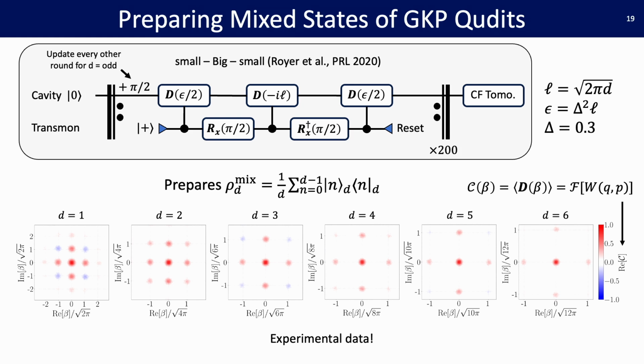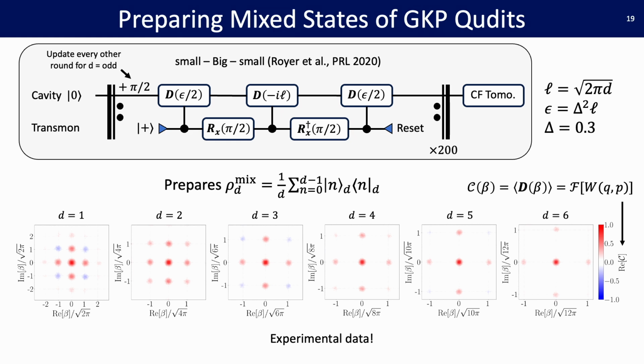And from this perspective, if we start with the cavity in vacuum and apply the stabilization protocol 200 times, we should cool to this maximally mixed state of the GKP qudit. And that's exactly what we find experimentally. So here I'm showing you experimental data for the characteristic function measured at the end of this process, where the characteristic function is defined as the expectation value of the displacement operator.